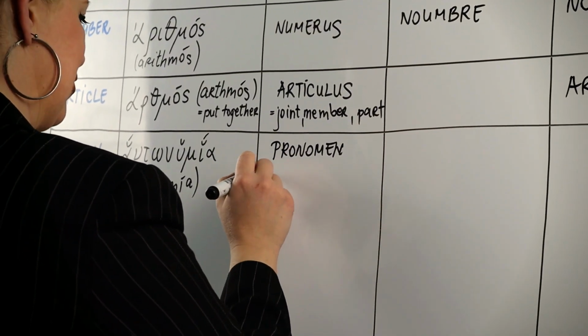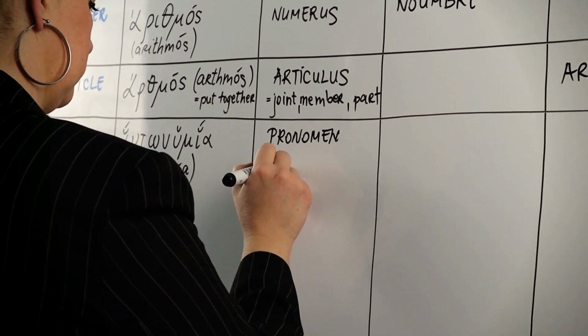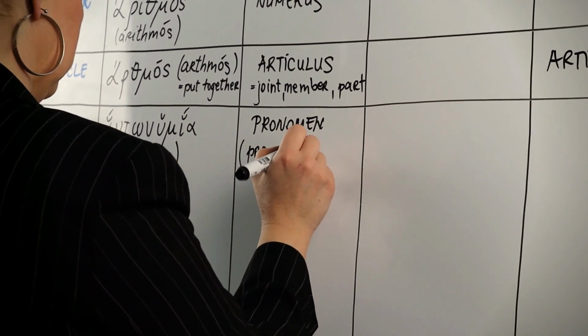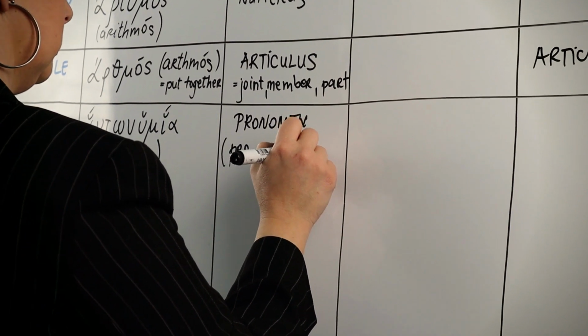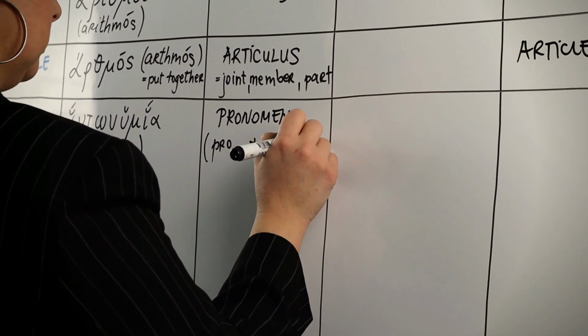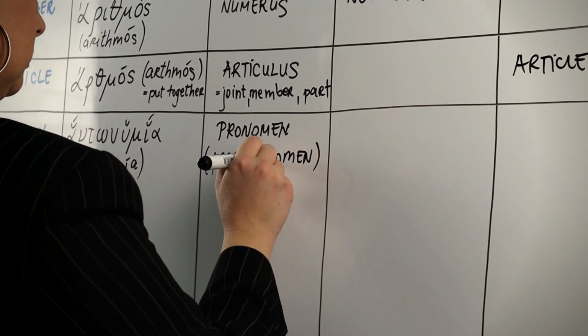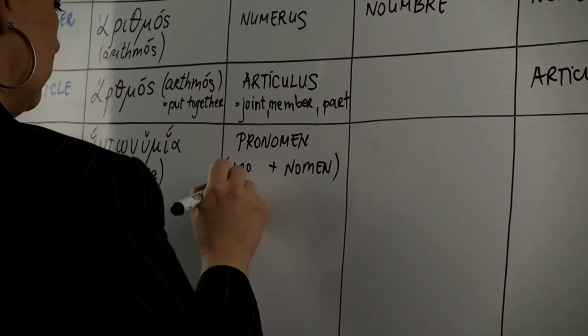And in Latin, the form is pronomen, which is made from two different words, pro and nomen. Pro means instead of, for.